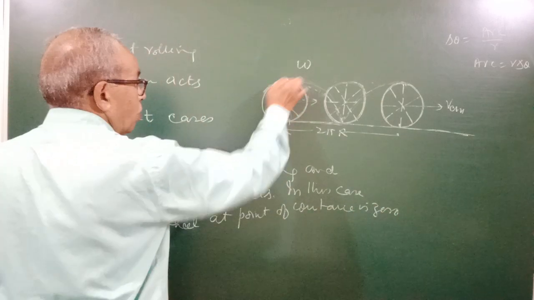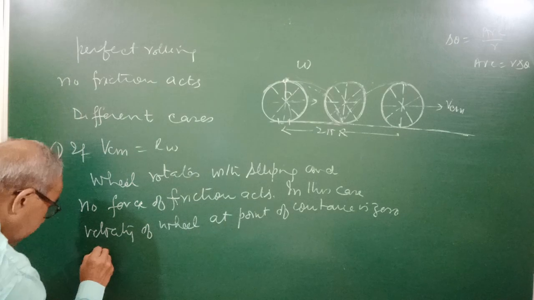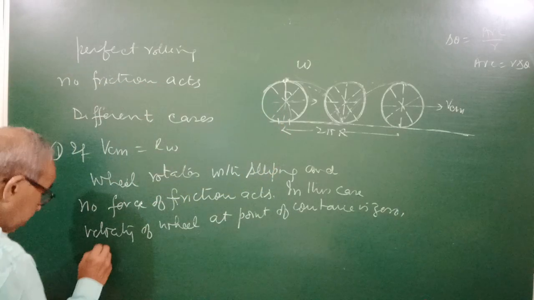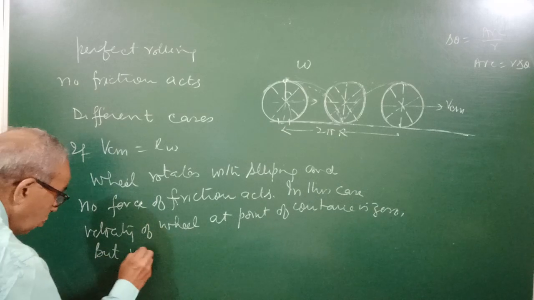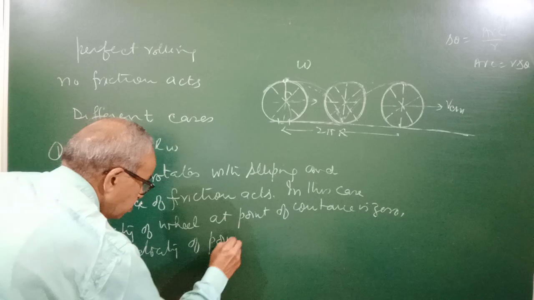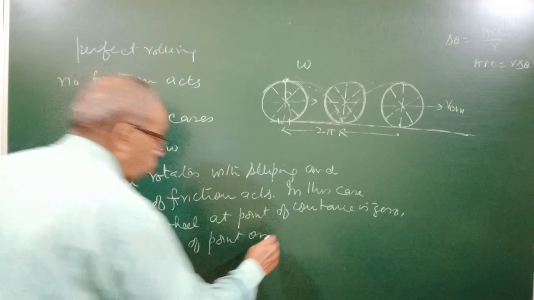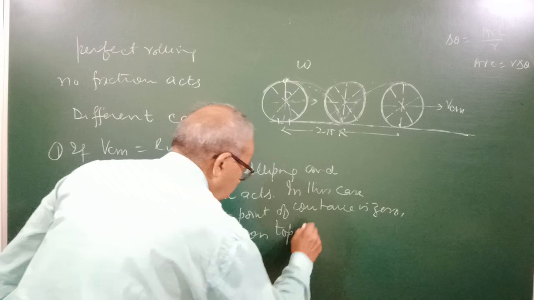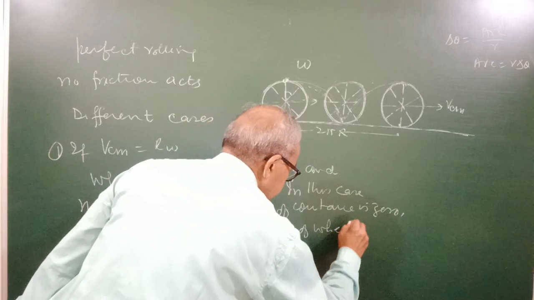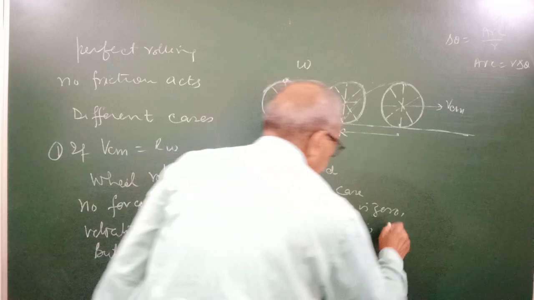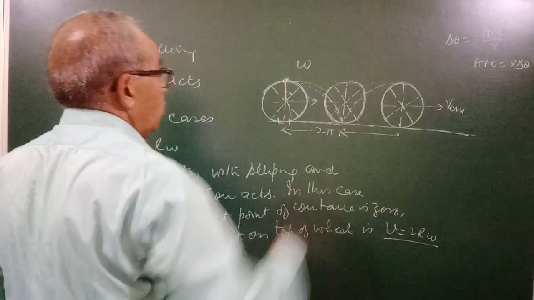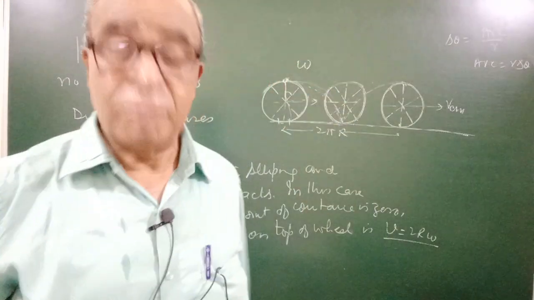But velocity of the point on the top of wheel is v equal to 2r omega, where omega is the speed of rotation.